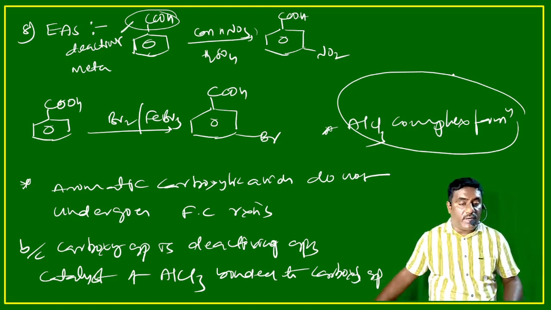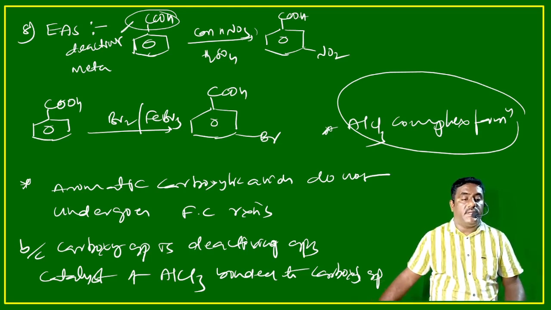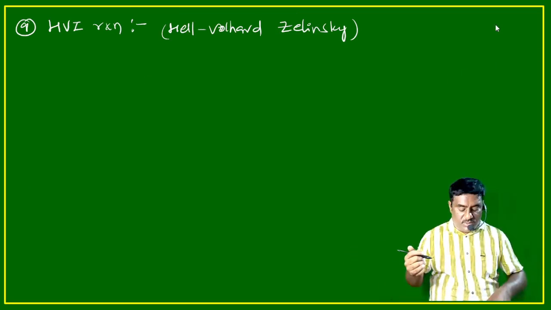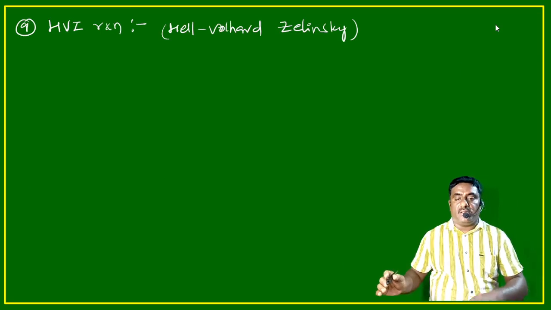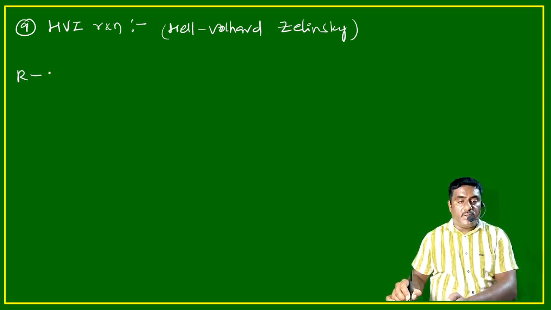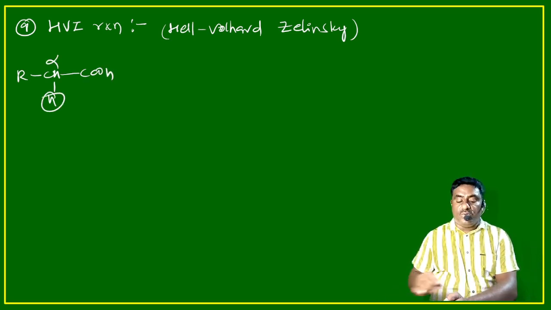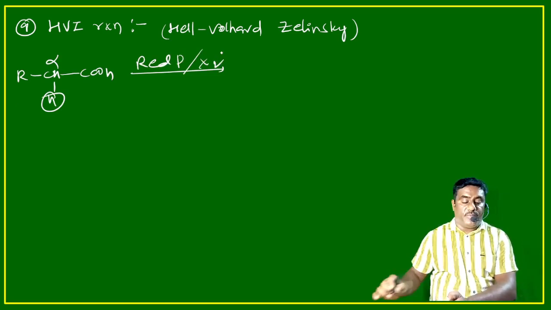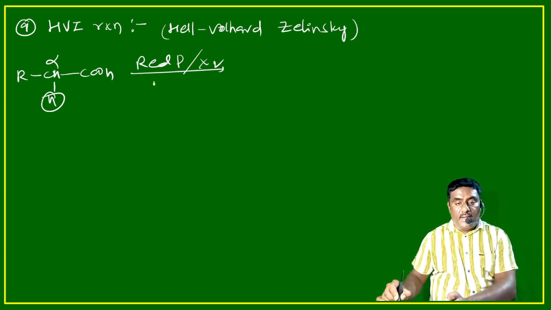See, have a look at the next reaction. The HVZ reaction. What is the HVZ reaction? Hell-Volhard-Zelinsky reaction. It needs what? Alpha hydrogen. RCH2COOH, the alpha position has alpha hydrogen, in the presence of red phosphorus with X2, chlorine or bromine, and H2O.